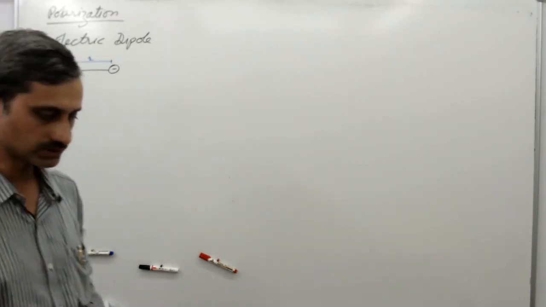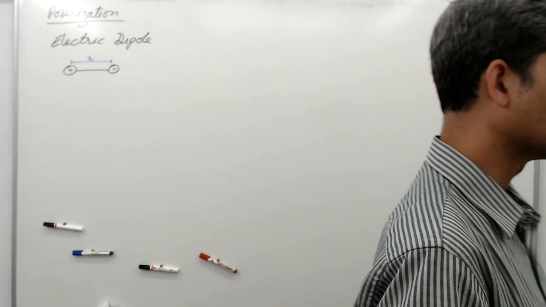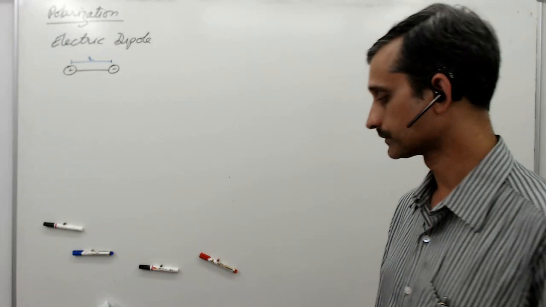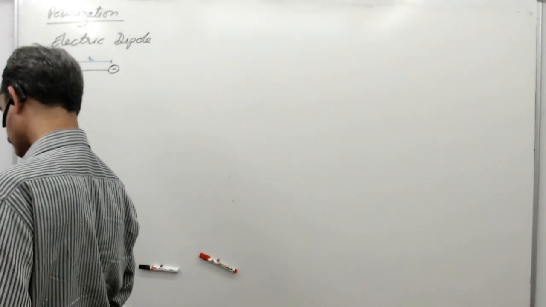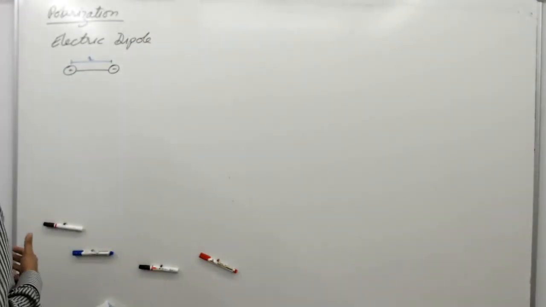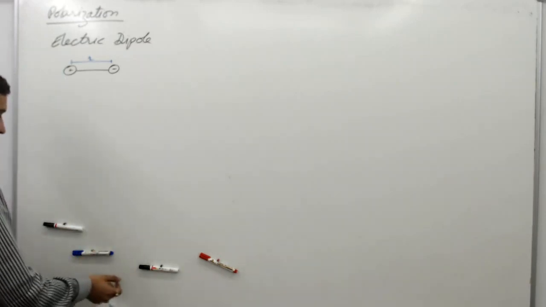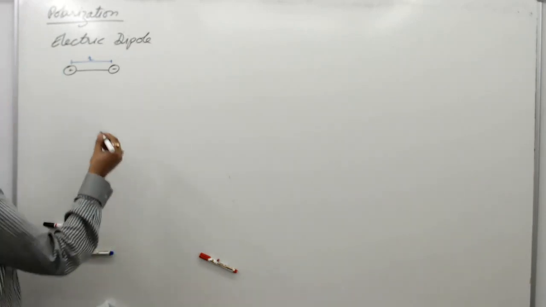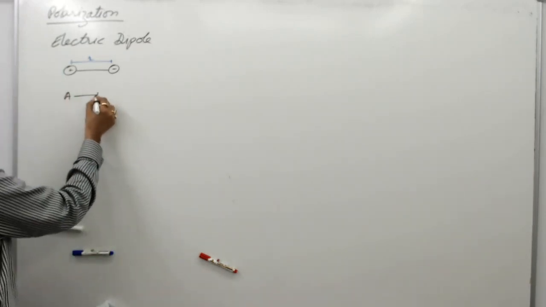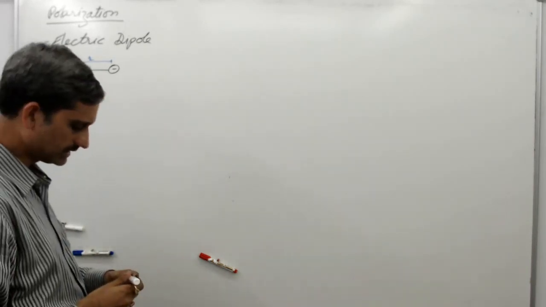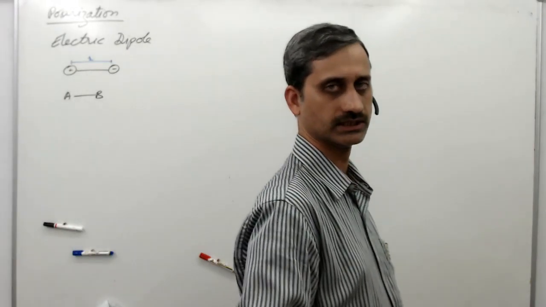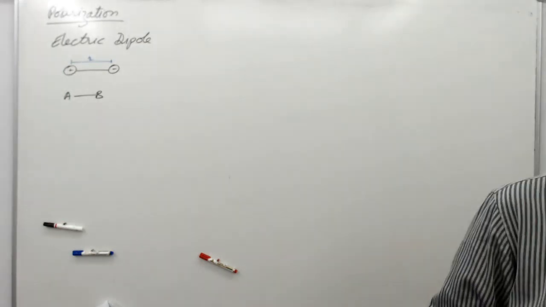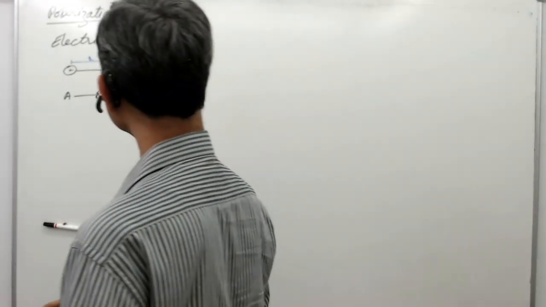Now, having talked about this electric dipole, we are going to talk about what the electric dipole would be in case of chemistry. Let us say we have a molecule A, B. When I say a molecule A, B, there are two possibilities. One possibility would be that A and B are identical.